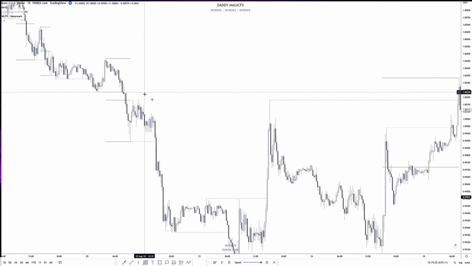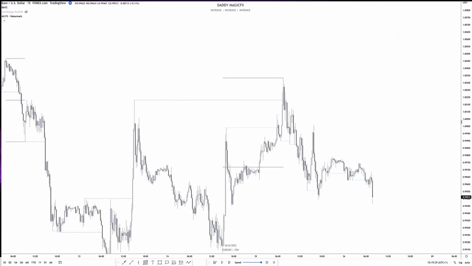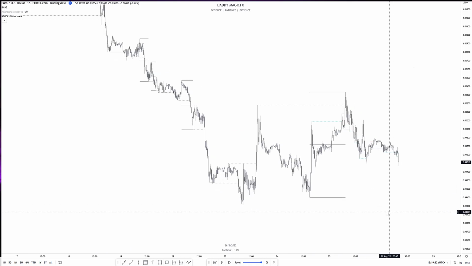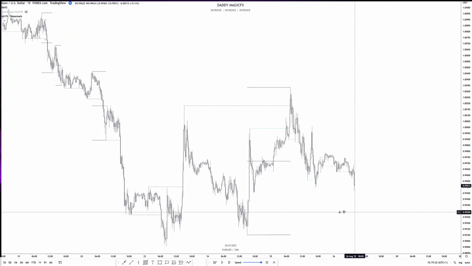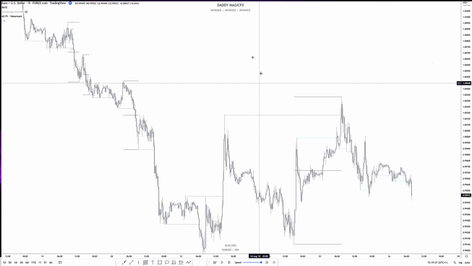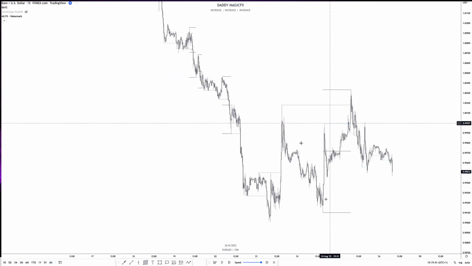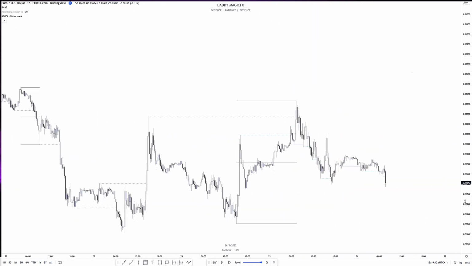Yes, we've had a reaction to it, but do we expect it to still have enough power to push down and break the lows? Well, no. Our expectations are that we will need to come up higher to find an unmitigated area on the 15-minute to actually continue the trend down, if that is what price wants to do.